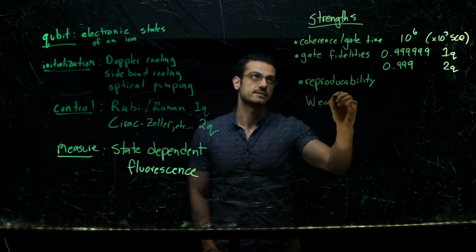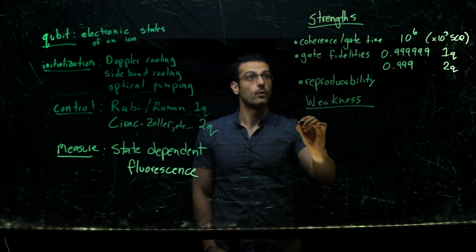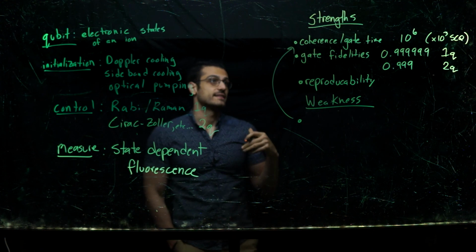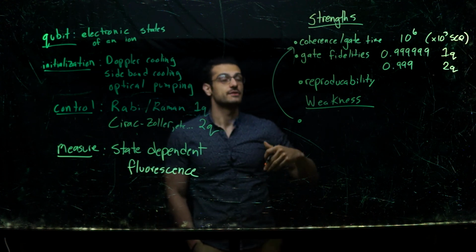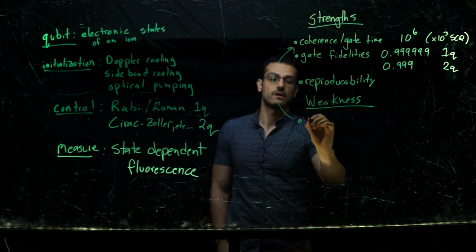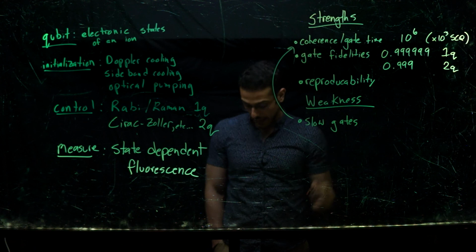However, there are some key weaknesses. One is related to this point: even though you can do many gates because of the long coherence times, the gate times are still relatively slow. How slow?